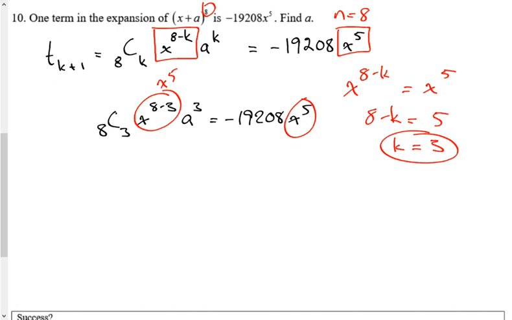So I'm going to say my left coefficient, which is 8 choose 3, which is 56. And if a is a number, a is going to be part of that coefficient. That's going to equal the right coefficient, negative 19,208. If you left the x to the 5th in, it's fine. It's all going to work out. But I'm just going to ignore it because it doesn't affect the numerical part that's being multiplied to it.